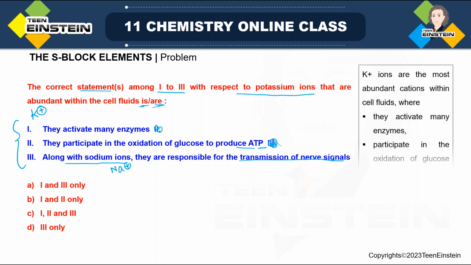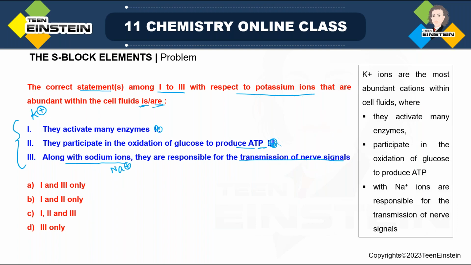So these also we have seen. So all the statements are basically correct. Fine. The same statement is also written in the box. So what should we choose? We should choose option C, 1, 2, and 3.